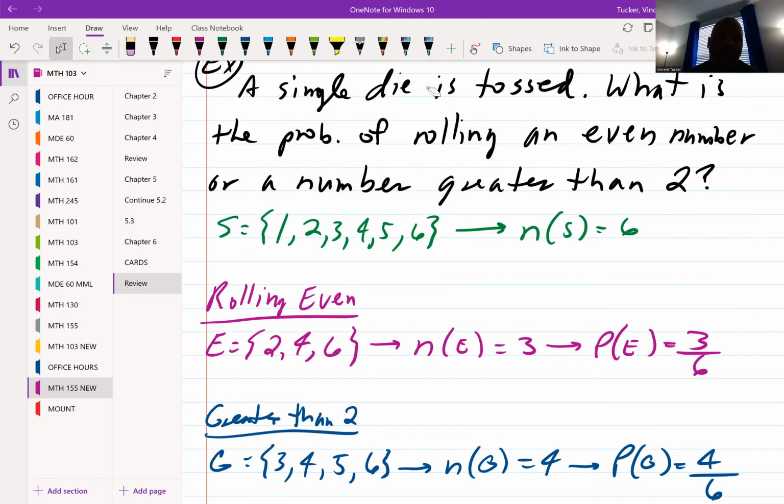Then if you're talking about the probability of rolling an even number, the even numbers that we have are 2, 4, and 6. So it's 3 even numbers. The probability of getting an even number is going to be 3 out of 6. Then a number greater than 2. You have 4 numbers that are greater than 2. 3, 4, 5, 6. So that probability is going to be 4 out of 6.